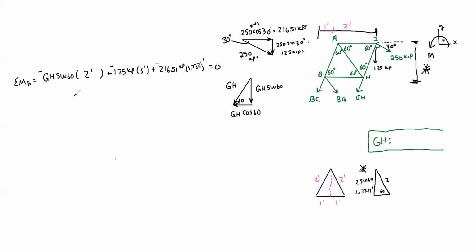And we get that GH is equal to 750.017 divided by negative 2 sine 60, which is negative 433.02 kips.